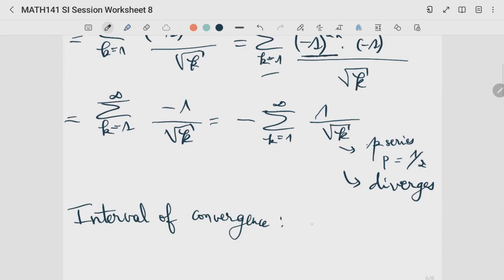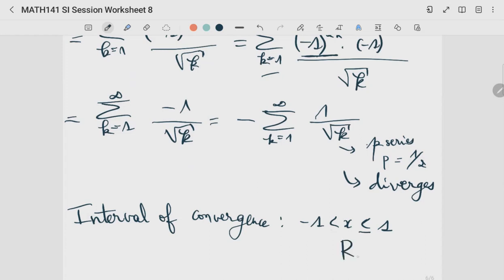So the overall interval of convergence is therefore from -1 less than x, which is less than or equal to 1, because we know that when x is equal to 1, the series converges. But when x is equal to -1, it doesn't, which is why we exclude -1.